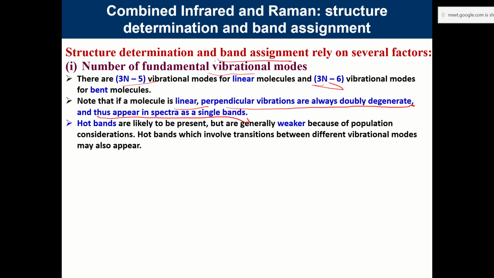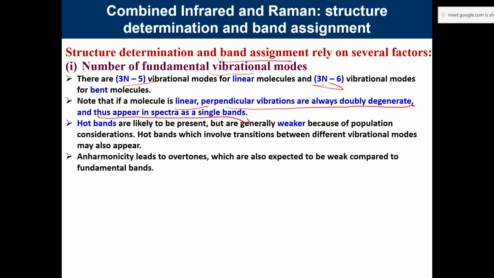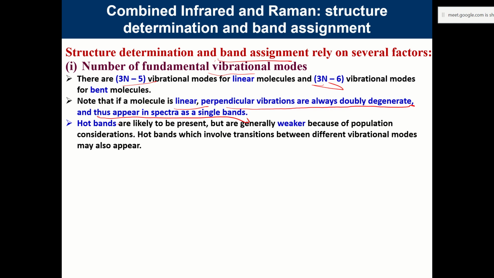So that is one. Hot bands, the higher level excitation 0 to 1, 0 to 2, 0 to 3. Hot bands are the transitions starting from the excited vibrational levels.